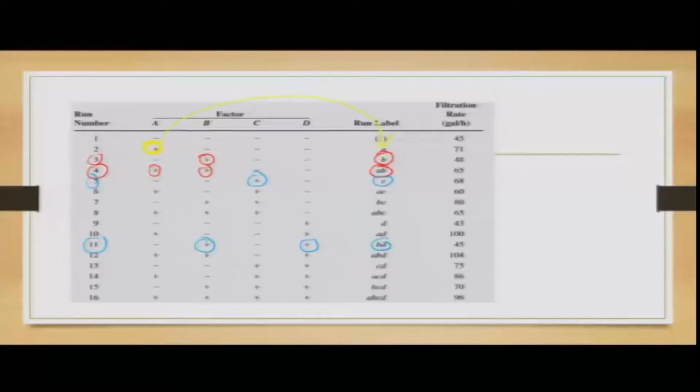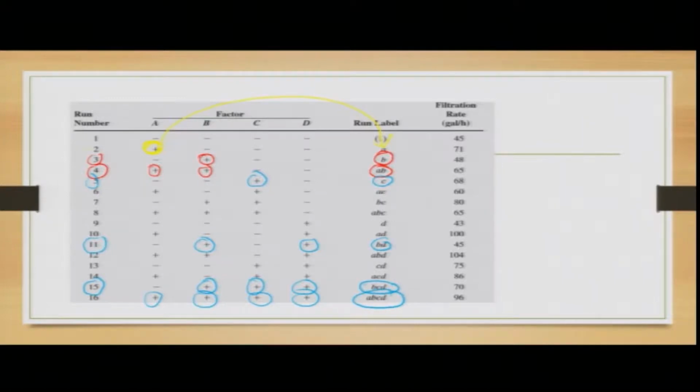So, if I go to the 15th run number, the effects are coming out from factor B, factor C, factor D, hence the run label is given by a suffix BCD or the name BCD. And finally, the last run, which is the 16th run, has an effect of A, also of B, also of C, and also of D, hence the run label is given by ABCD.